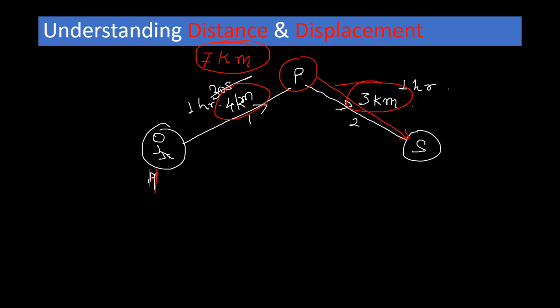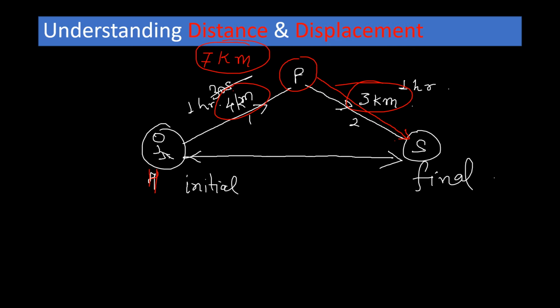Distance is 7 kilometers. But at the same time, if we talk about displacement here, remember, how do we find displacement? We just measure the shortest path or the shortest distance between the initial and the final position, right? Here we may be confused about which path to take as the shortest.